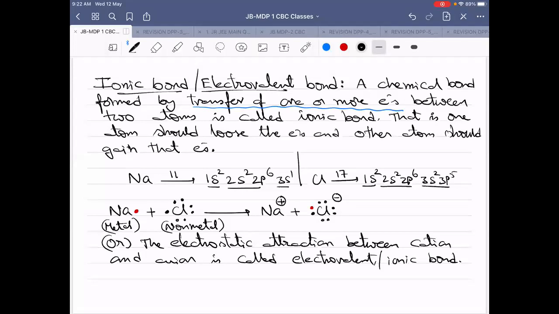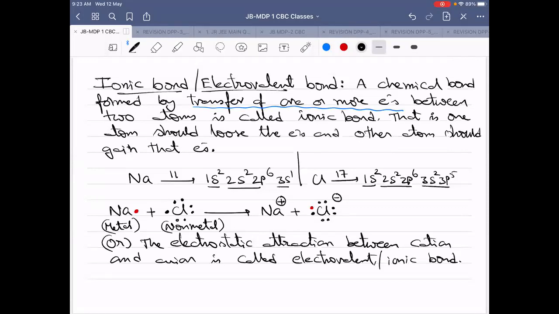Sir, are pi bond and sigma bond polar and non-polar bonds? No, I am not entering into polar and non-polar bonds because that needs a concept of polarity. We have not discussed polarity, but as you have asked the doubt, I will tell you. If a bond is formed between two different electronegative atoms, like hydrogen and chlorine, then such a bond is called a polar bond.